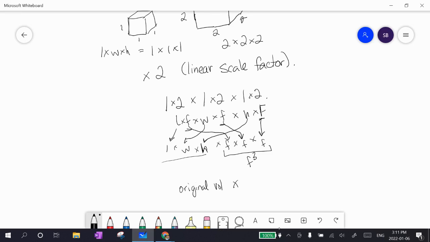I times it by the linear scale factor cubed, and I'm going to get the new volume.